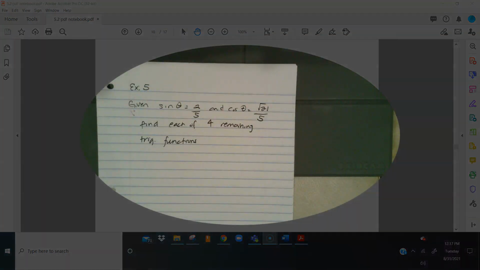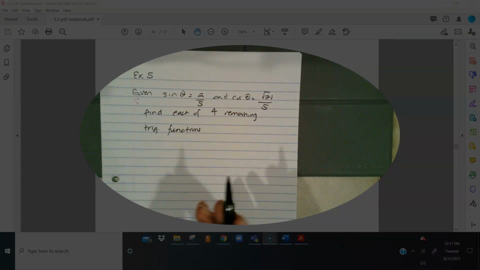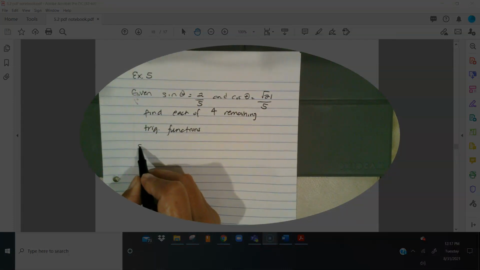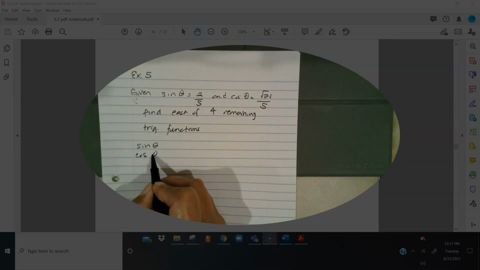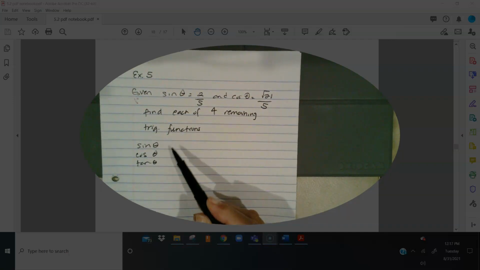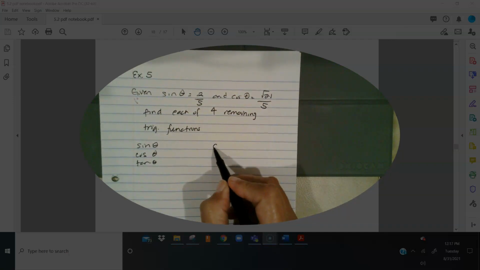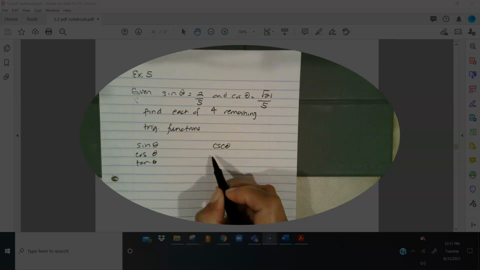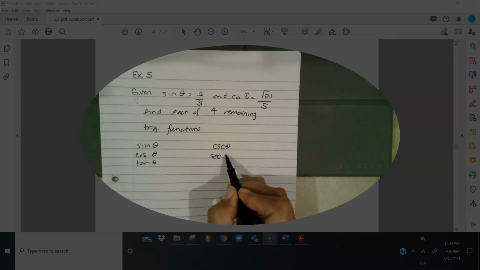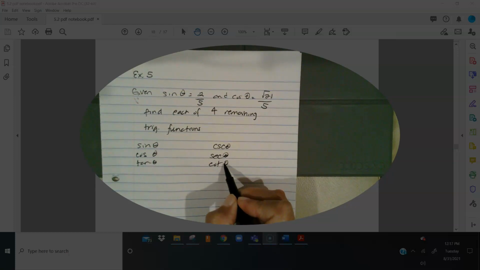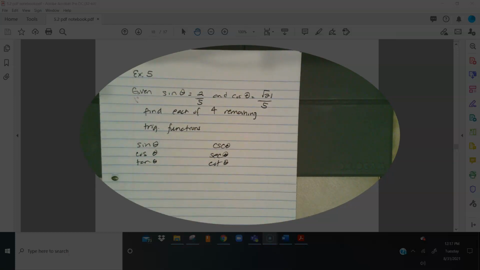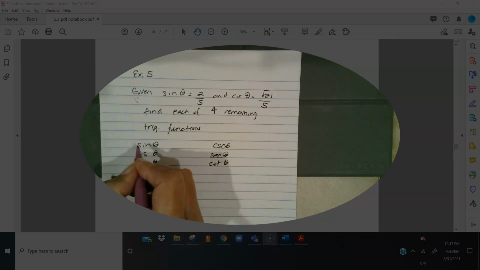I wrote that information down over here, and there's several different ways to work the problem. Here's my recommendation that we keep these in some sort of order so that we can compare the original trig functions easily to their reciprocal identity functions, cosecant, secant, and cotangent. We remember those relationships for sine.